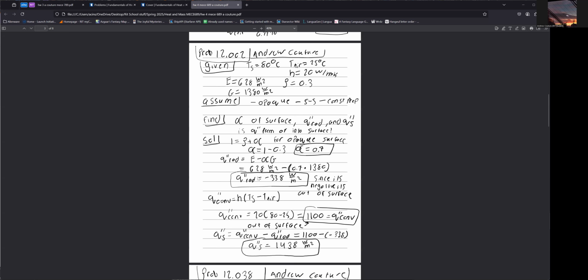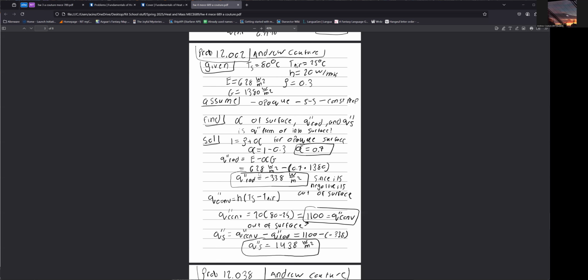Now, for the heat fluxes, they already give us the emissive power, so you don't really need to do much calculation. The net radiation heat flux for the surface is going to be the emissive power minus the irradiation times the absorptivity.